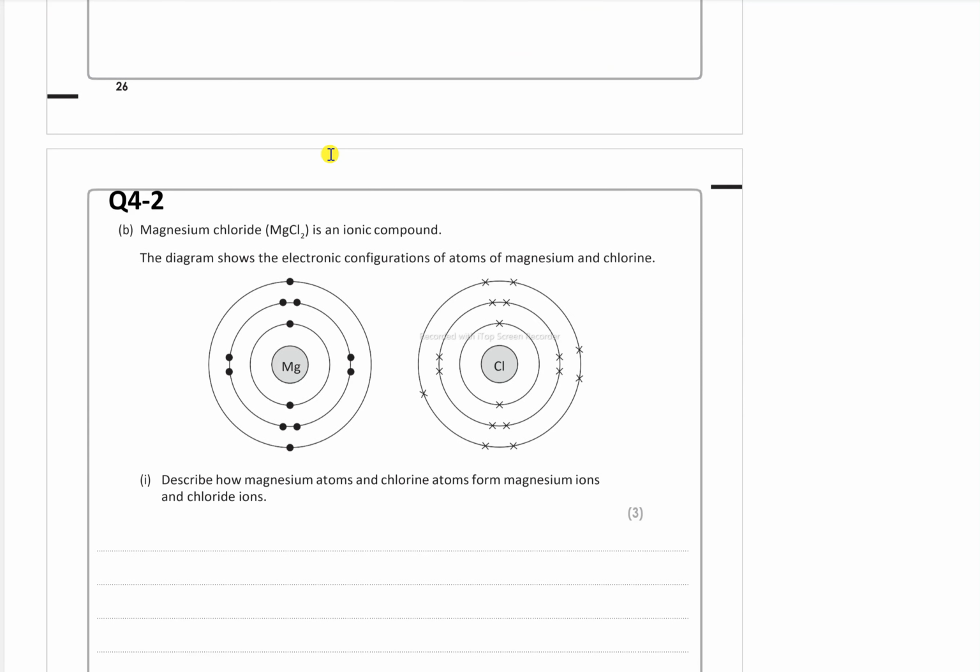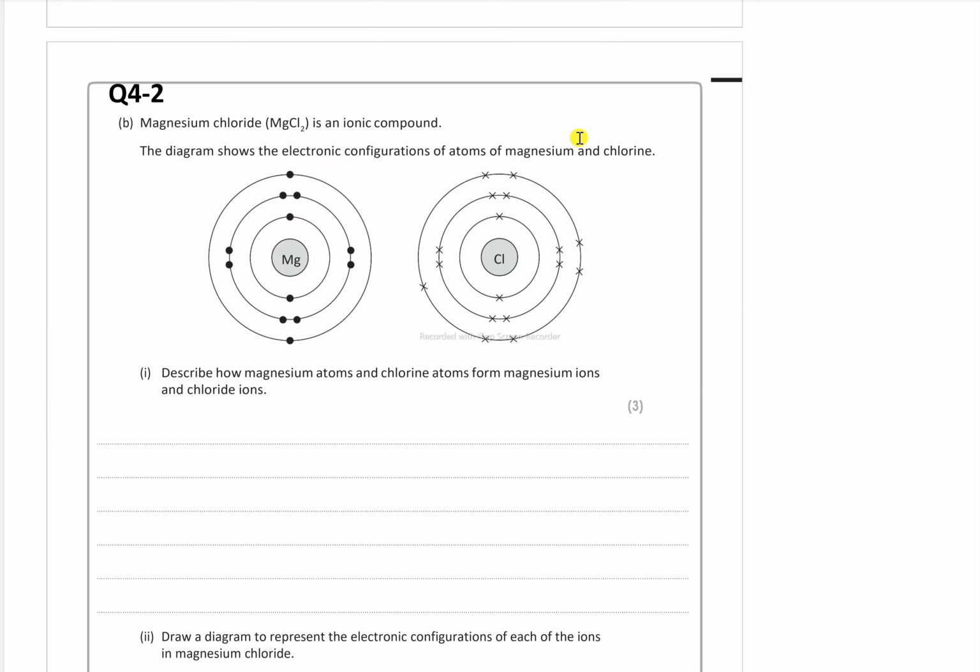Right, let's keep moving on. You have magnesium. So we've seen magnesium chloride before. There's the magnesium atom, so we're looking at the electronic configuration.